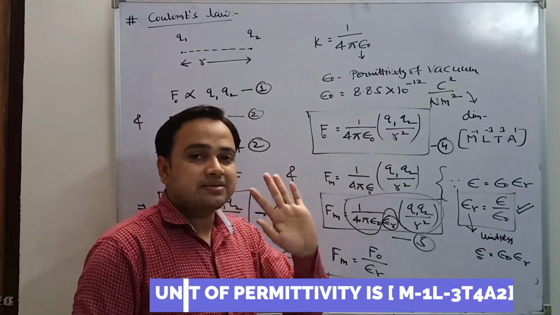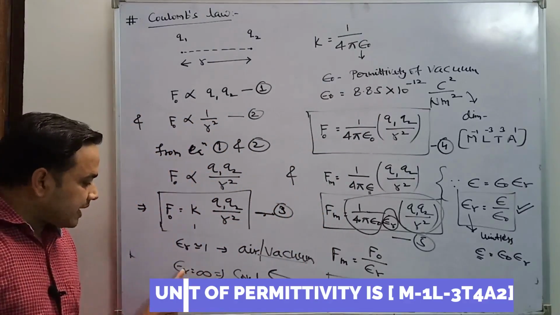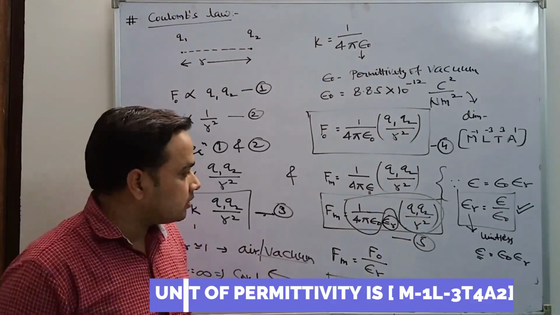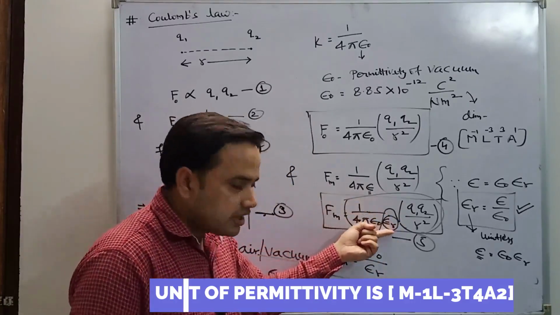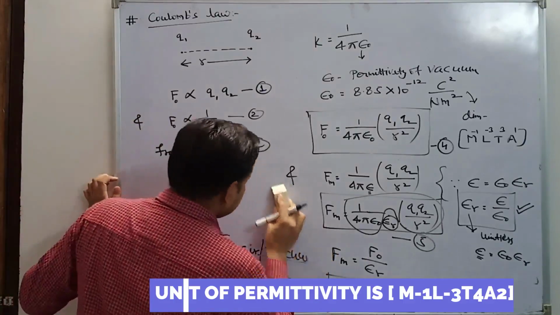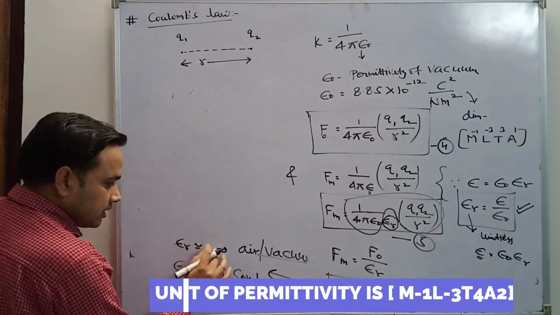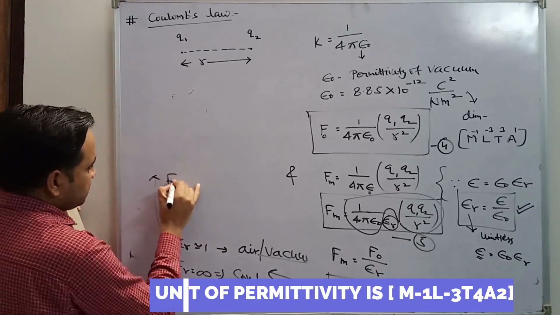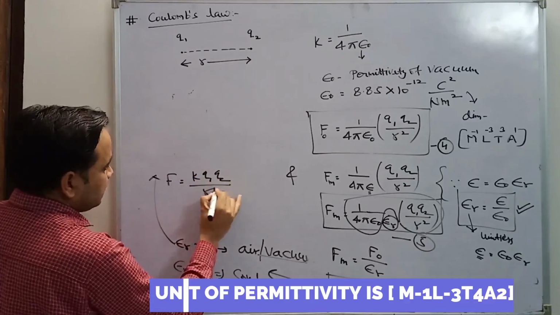So force is maximum. Second thing, if we put epsilon r equal to infinite for metal, for a conductor, then something upon infinite is equal to 0. So again we can write this one. If epsilon r equals 1, then look here, force equals k q1 q2 upon r square.